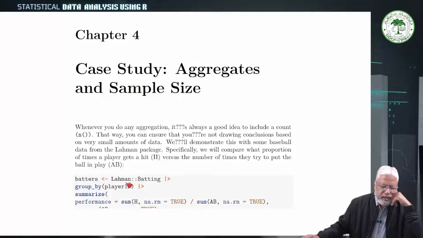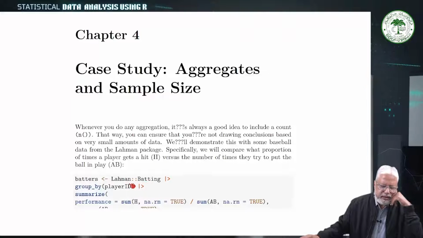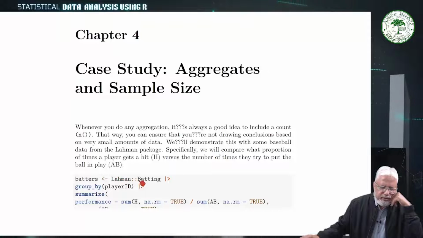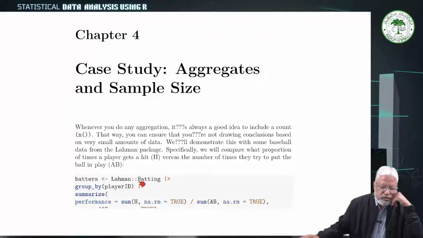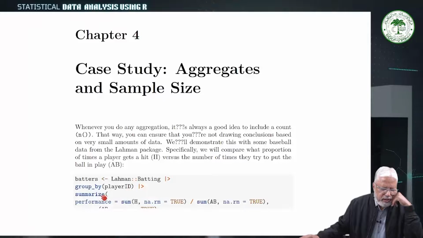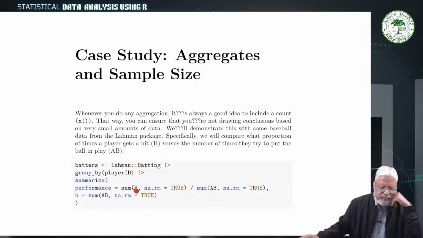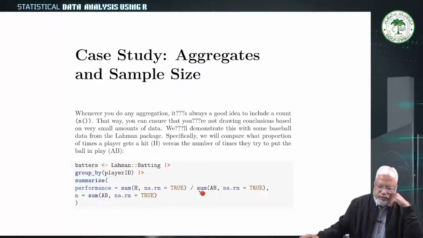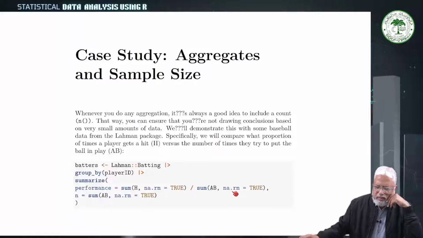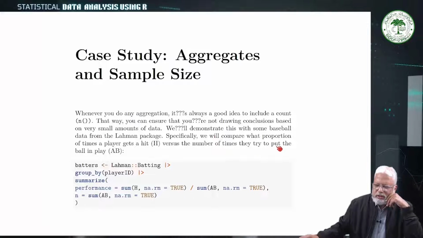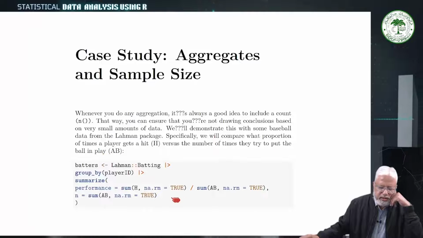Batters, Lahman batting. So Lahman is a package and batting is an object. So we are selecting from the Lahman package the object batting, then group by player ID, summarize performance is equal to sum H, hit, na.rm is equal to true, divided by sum AB, na.rm.